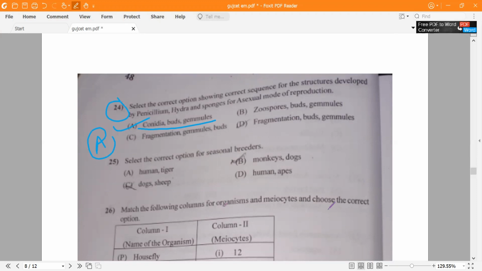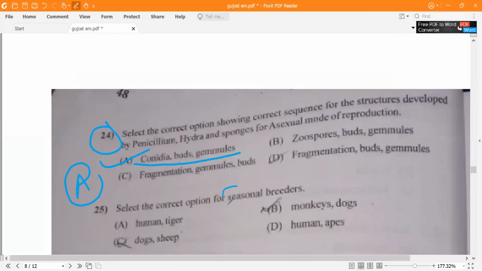Certain animals show the reproductive phase only in favorable conditions, and they are termed seasonal breeders. Many other mammals are reproductively active throughout, and we call them continuous breeders. So over here, they have asked the examples of the seasonal breeders.